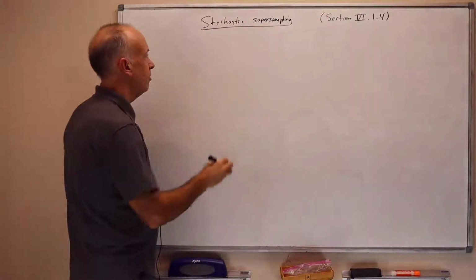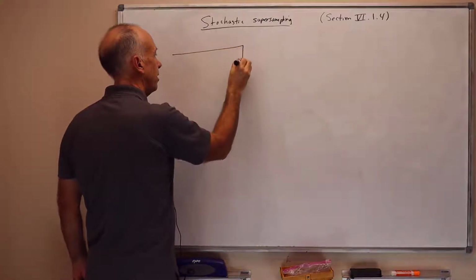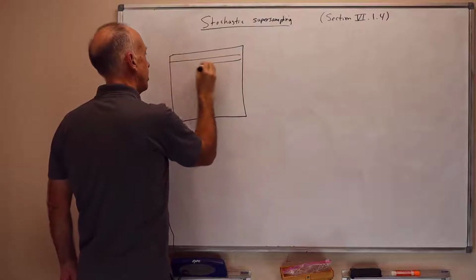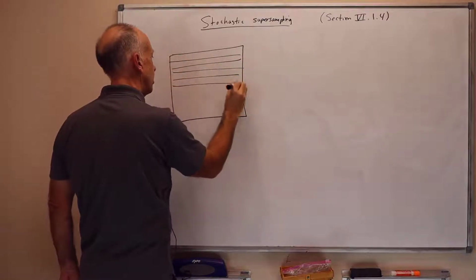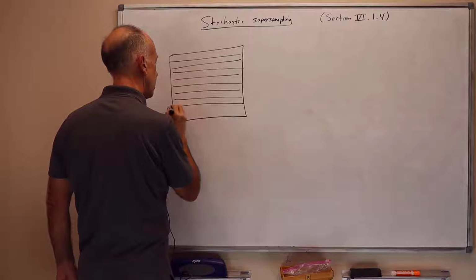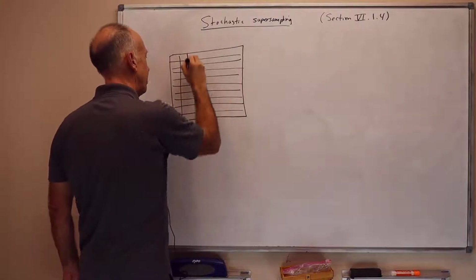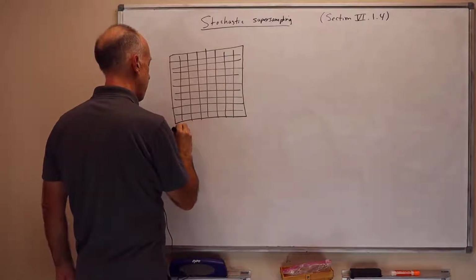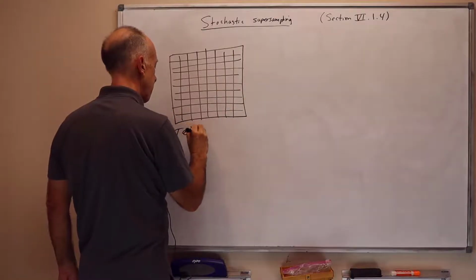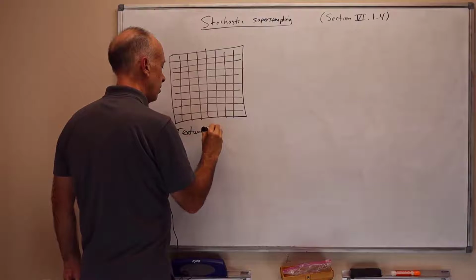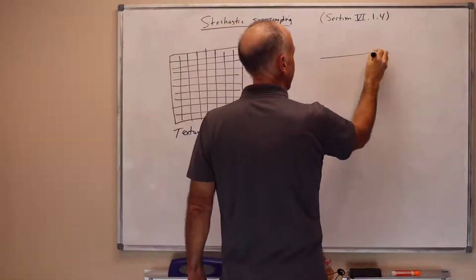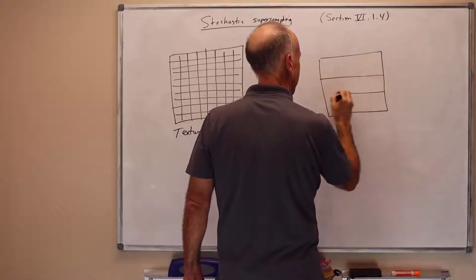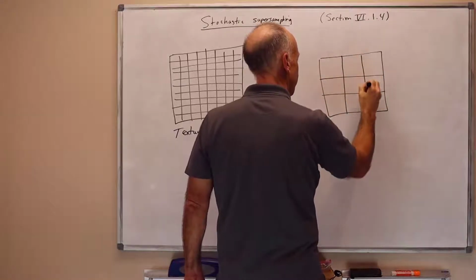So the situation with texture mapping is we would apply this kind of thing usually where the texture map has very high resolution. So let me draw a lot of pixels for the texture map. And the screen has relatively low resolution, so I'll just draw a small number of pixels for that, 3 by 3.